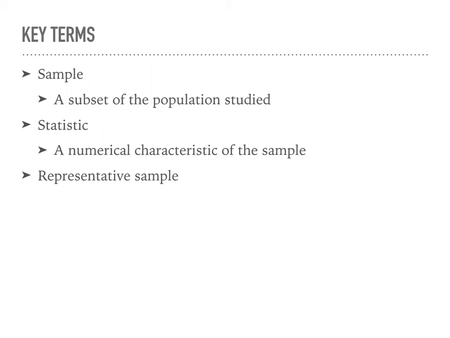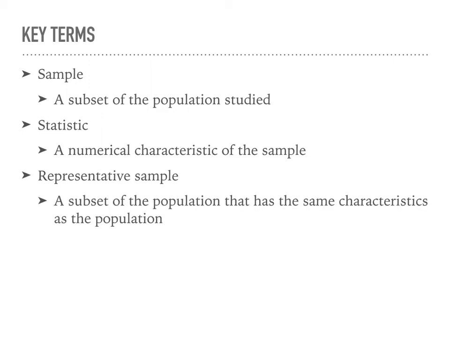Next, we want to talk about a representative sample. A representative sample is a subset of the population that has the same characteristics as the population. When you're doing a study, it's important to make sure that you do have a representative sample.